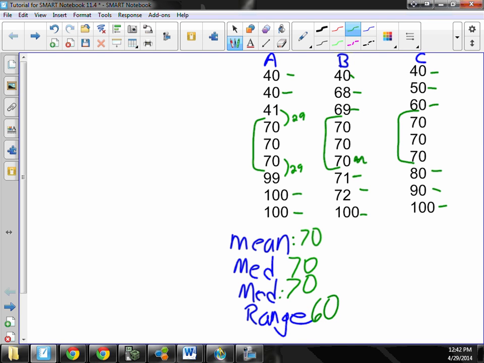In another one, the numbers are spread out evenly, and in another one, they're spread out kind of on the edges. And yet, the mean, median, mode, and range are the same. And because of that, we need another measurement of numbers. We need some number that can tell us how spread out a particular list is.